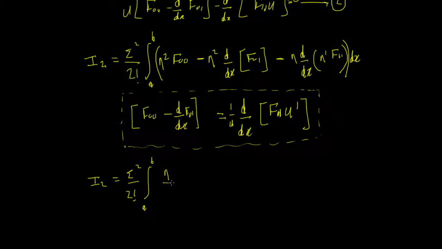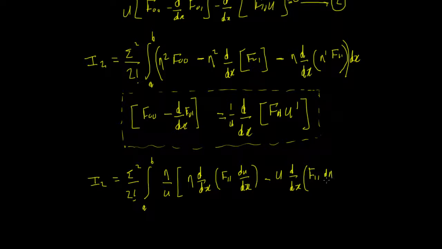I can write that out as eta upon u, times eta d by dx of f11, and I'll just write it as du by dx, minus u d by dx of f11 d eta by dx, and of course that's all by dx.